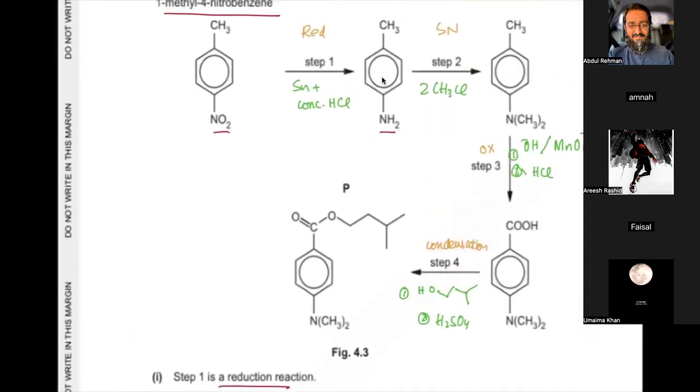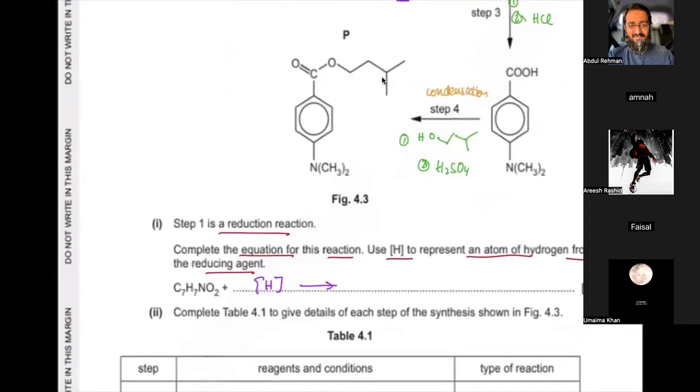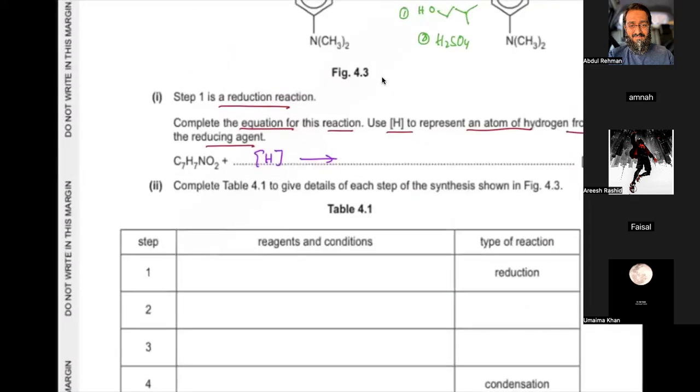And if you see, NO2 is turning into NH2. So two oxygens are released which form two water. So two hydrogens over here, two hydrogens over here. Yes, very good, Shazil. So we are going to use six hydrogens and it is going to give C7H7NH2 plus 2 moles of water.